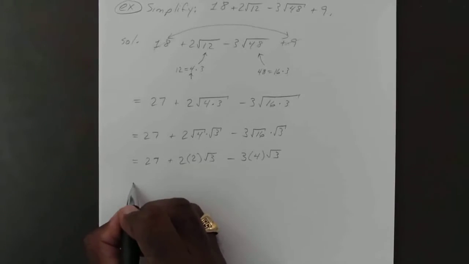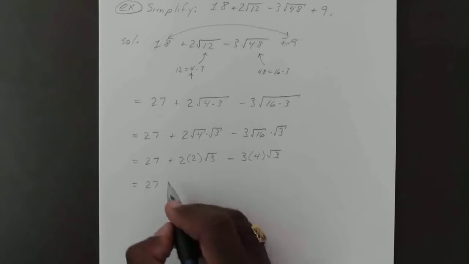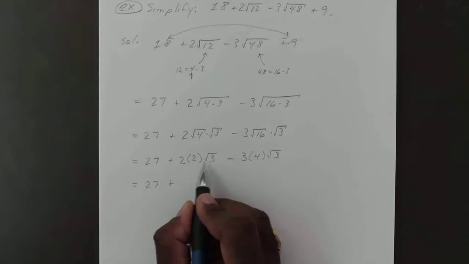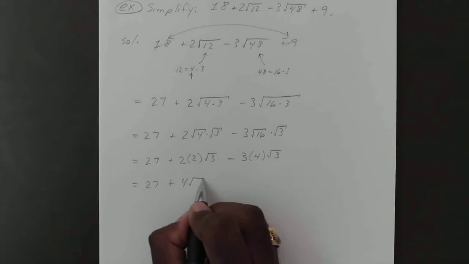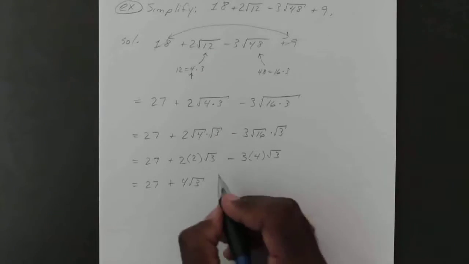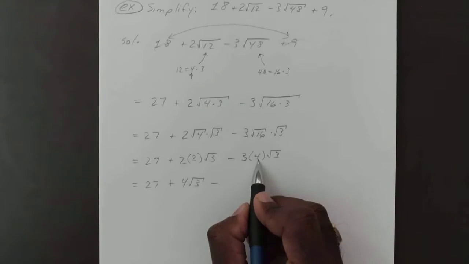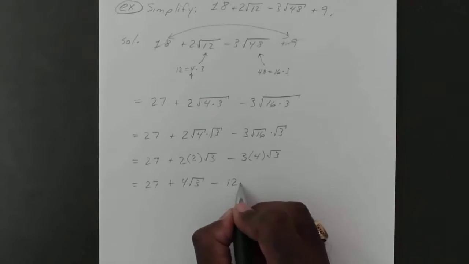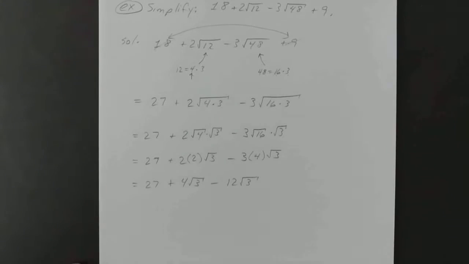Okay, so that gives us 27. 2 times 2 is 4, so you have 4 times square root of 3. Minus 3 times 4 is 12, so we have 12 times square root of 3.